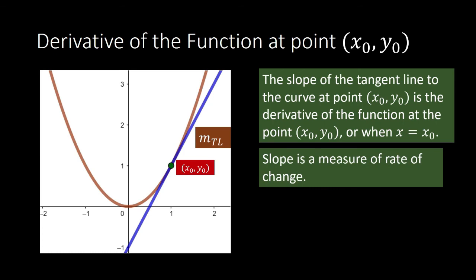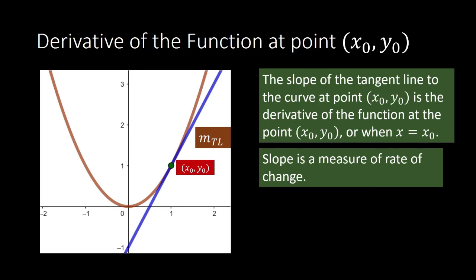So slope is a measure of rate of change. That is what we are measuring here, rate of change. But this is not your ordinary rate of change. Because normally when we are computing the rate of change, it's delta y over delta x, change in y over change in x, and we need 2 points to do that.